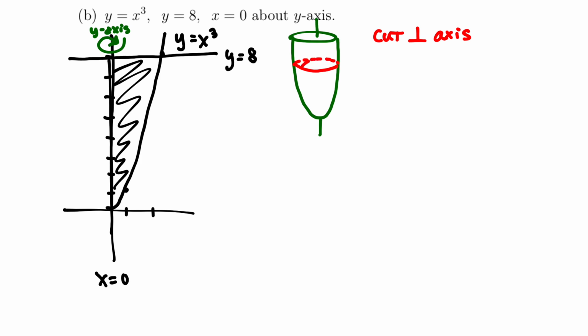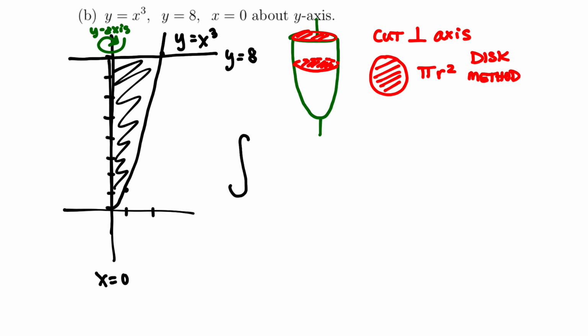You can see it right at the top. What we're pulling off is a disc, hence the name disc method. And then we're going to add up all those discs, but we're going to stack them along the y-axis this time.